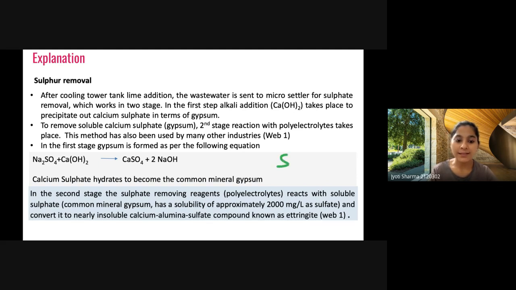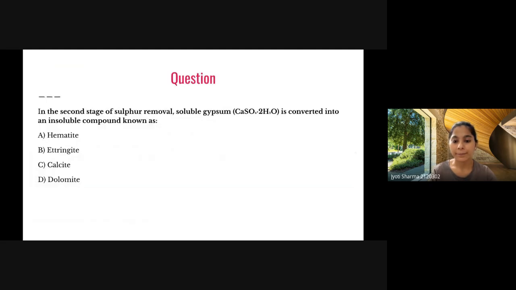And we also have a second stage, or second step, to remove the sulfur, using some reagents. In the second stage of sulfur removal, soluble gypsum is converted to an insoluble compound known as what?